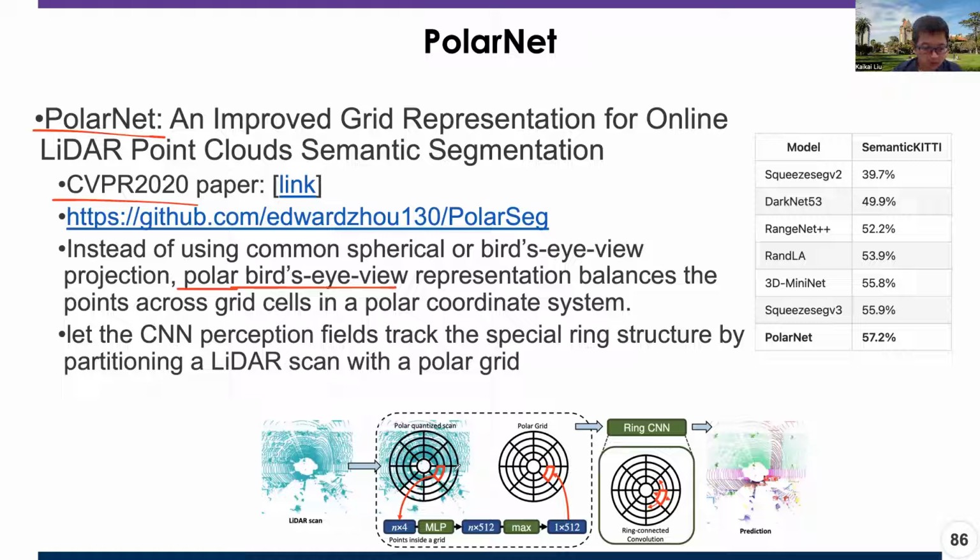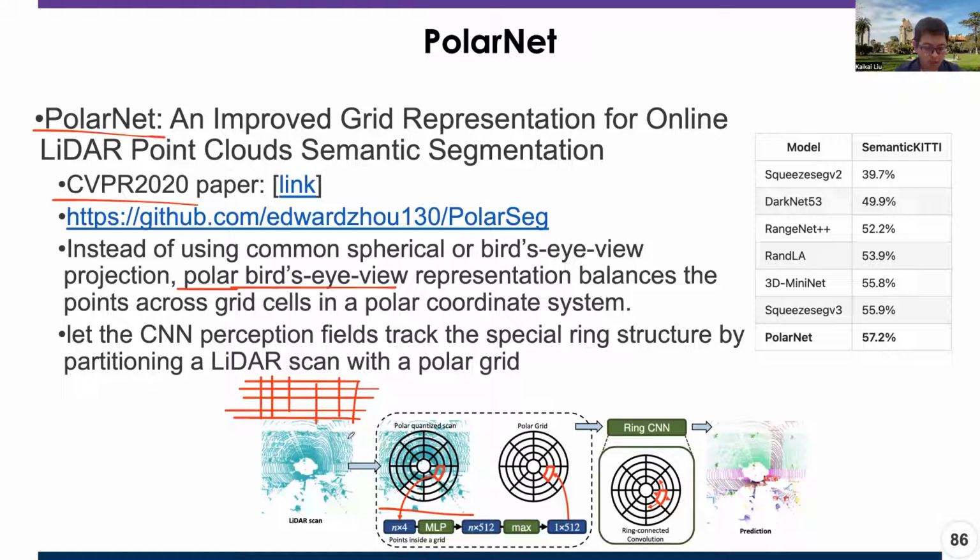Why do they want this polar bird's eye view? Instead of a rectangular grid equally divided with equal space, they say that where the laser is really far away, the density is very, very low.